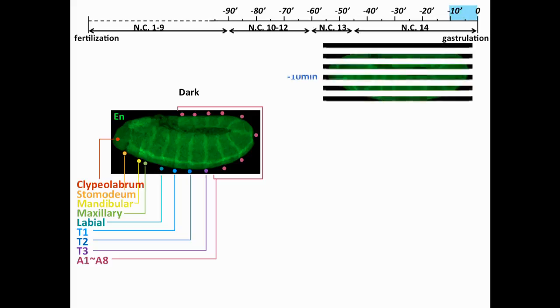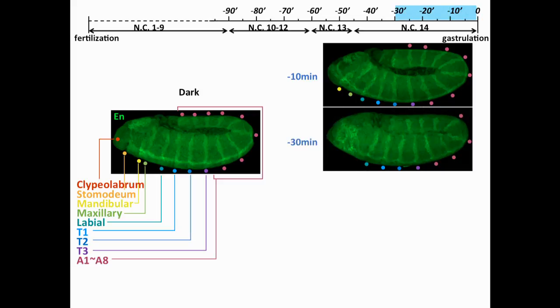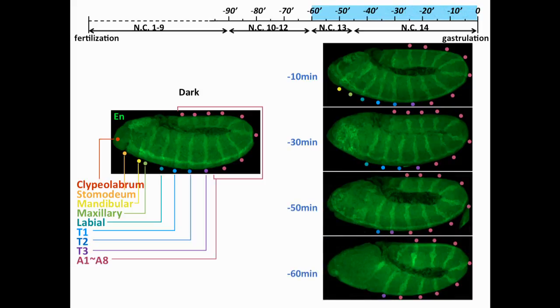To my surprise, illumination for merely 10 minutes before gastrulation matters to embryo development, as we can see in this image that the embryo is missing the most anterior 2 segments, that is the labrum lobe and the invagination of the stomodeal primordium. And each time we prolong the illumination, we find more missing segments from the anterior to the posterior. And in the most severe case, all the segments prior to the third thorax are missing.